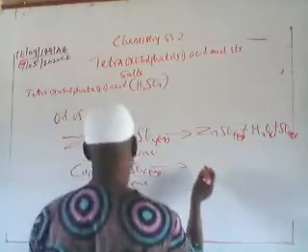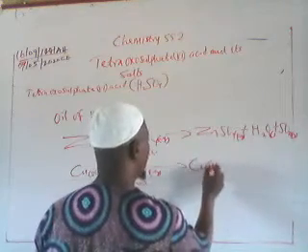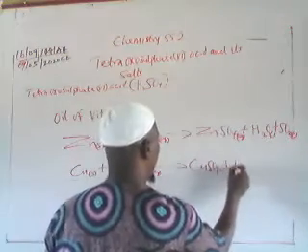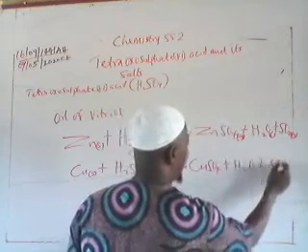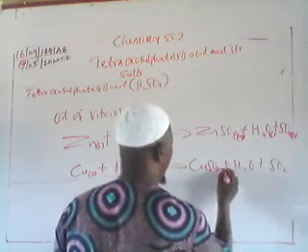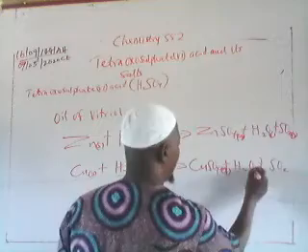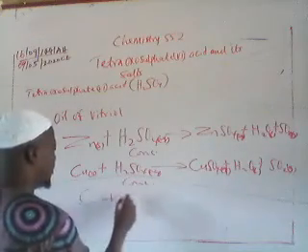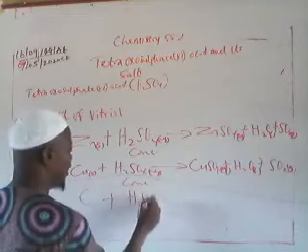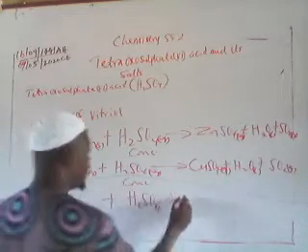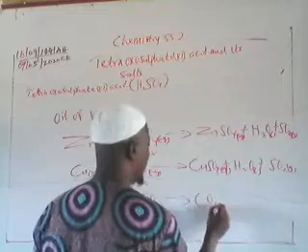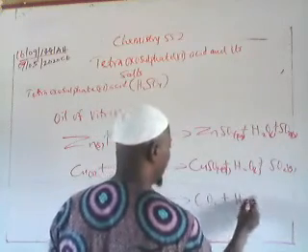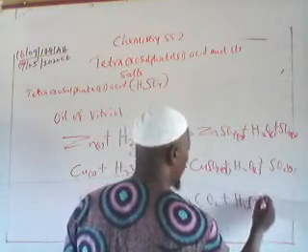It can only react with concentrated, and that will give you CuSO4 plus water plus sulfur oxide. If it reacts with carbon, a similar thing is observed. It will form carbon(IV) oxide, water, and sulfur oxide.